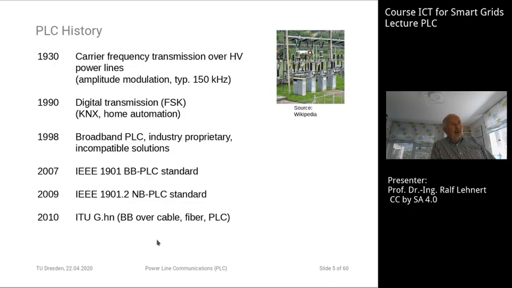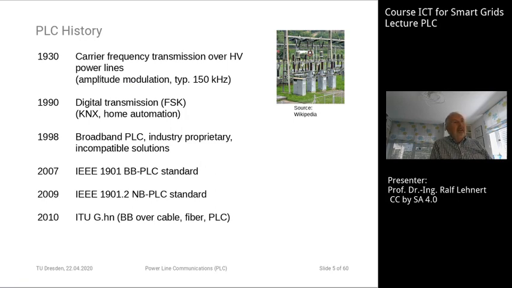So, power line communications has quite a long history. In the early times, in the last century, it was used as a so-called carrier frequency transmission over the high voltage power lines. At that time, it was done in the modulation technique which people were able to handle at that time.